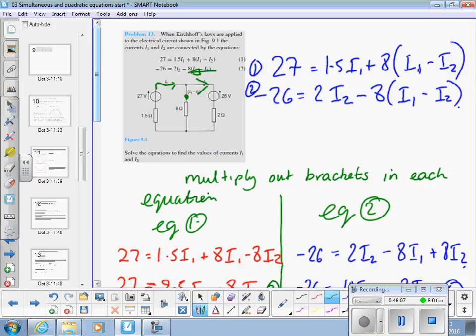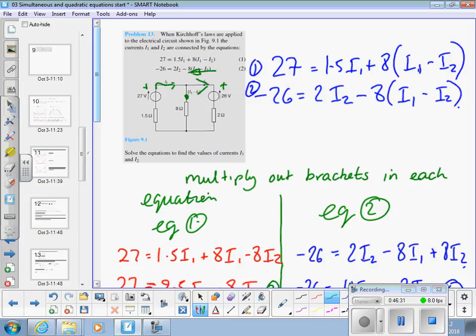Is that why on that 26 volts there it's pointing the other way? No, the arrow on the voltage indicates that that end is positive and the other end is negative. It indicates the polarity of the voltage. I don't want to go into too much because that's a science thing and we're in a maths session, okay?